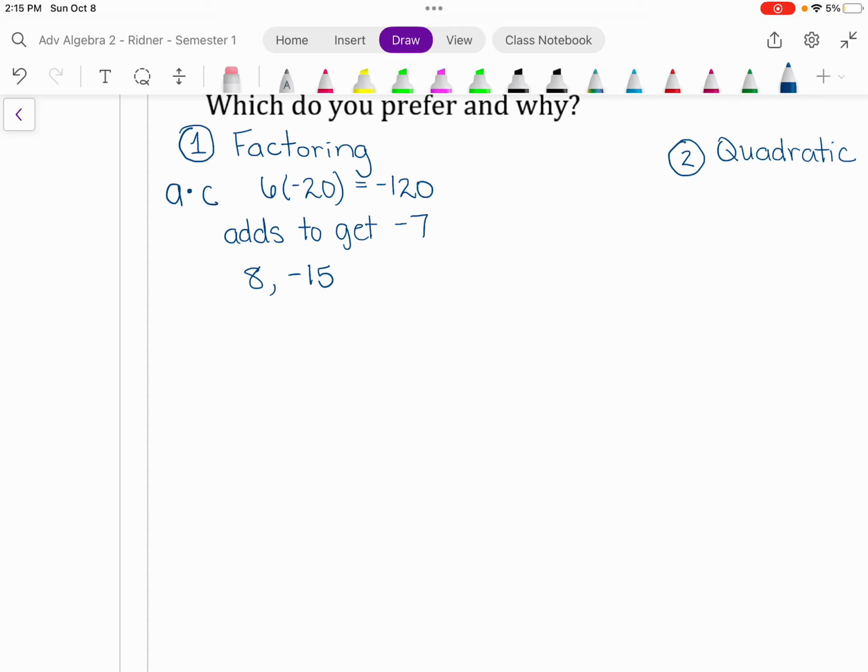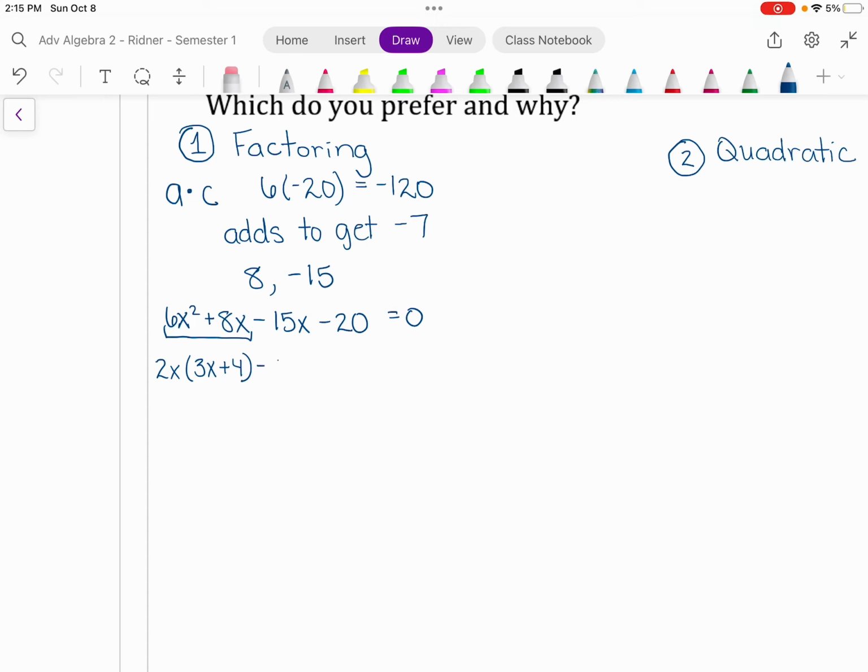All right, so now we're going to split the middle term. So we've got 6x squared plus 8x minus 15x minus 20. And remember, that does equal 0, but we can tack that on later. So factor by grouping, I have 2x in common, which leaves me with 3x plus 4.